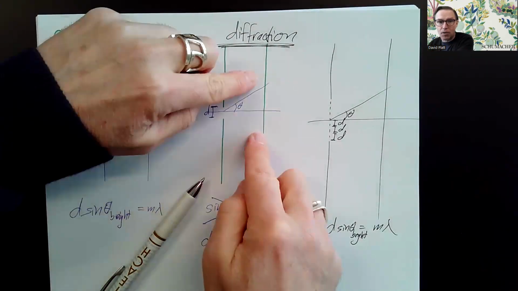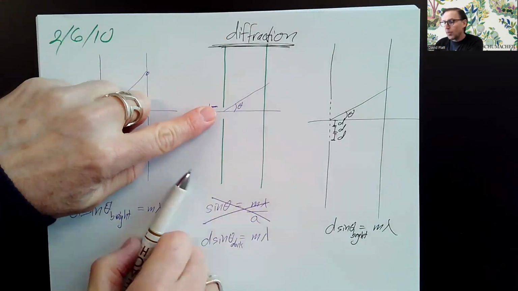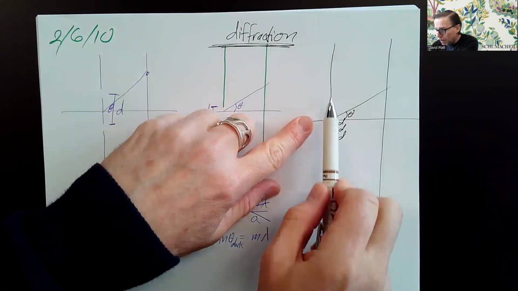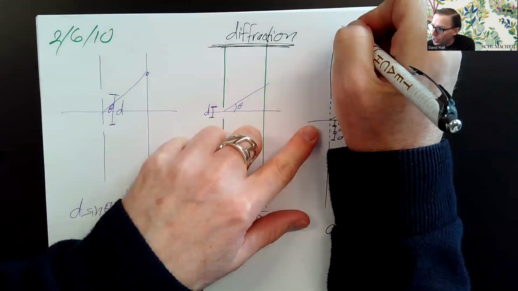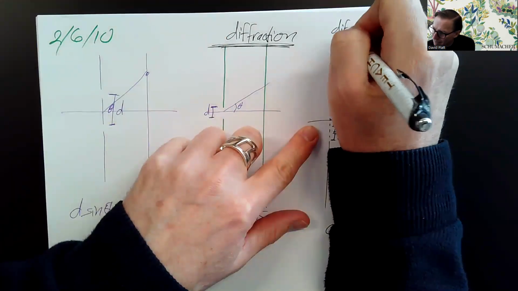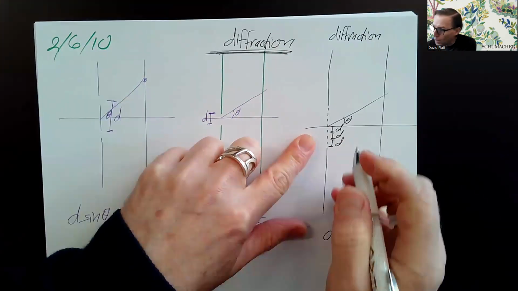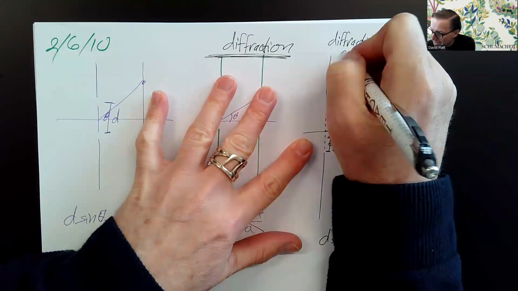That spreading out is called diffraction. So we call it single slit diffraction. This, where there's a bunch of these, is called a diffraction grating.